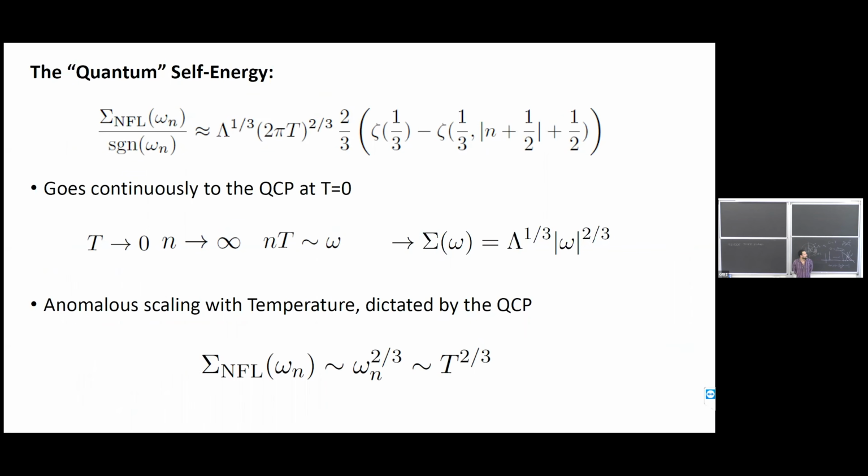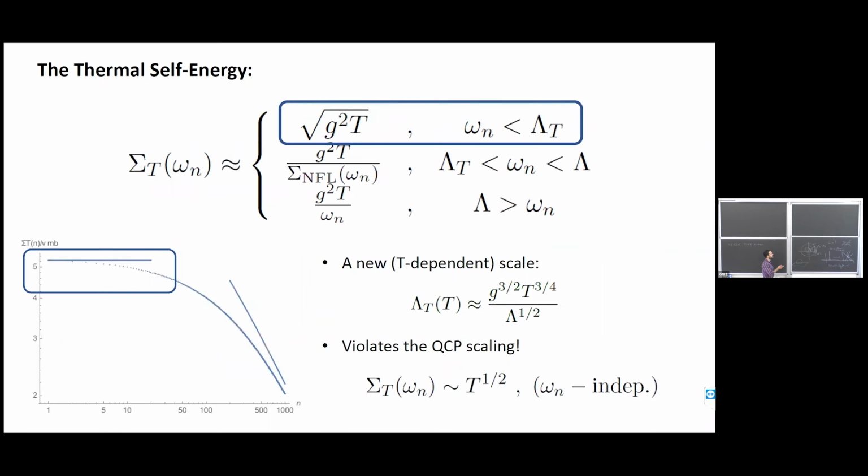One can see this by explicit computation. It has this form, and essentially it goes continuously to zero temperature. It reduces to the quantum critical self-energy at zero temperature, and with respect to the temperature, it respects the 2/3 scaling. So nothing new here.